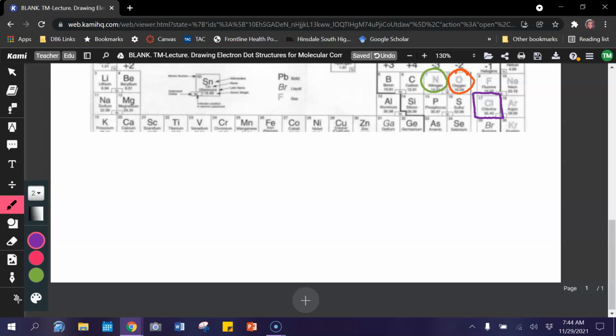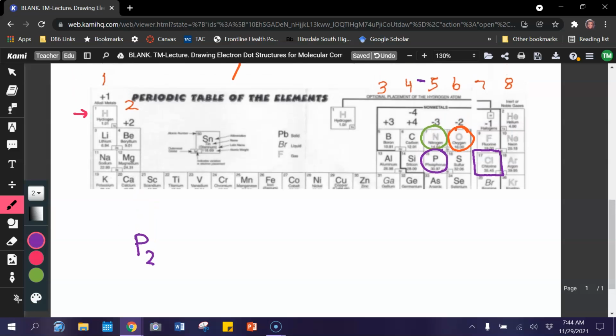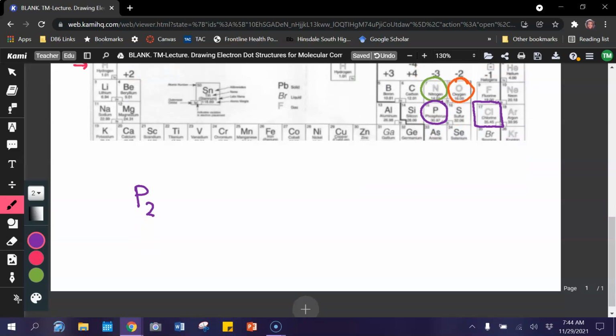So let's take a look at P2. So P is in column number 5, which means that each phosphorus is going to have 5 valence electrons. So my lone pairs are going to stick together, but what if I shared those 2 and those 2 and those 2?